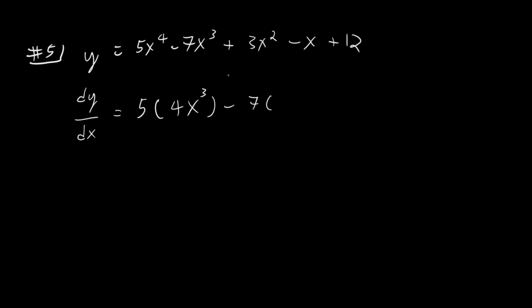The derivative of it is 3x squared, plus copy the 3, then take the derivative of x squared, which is just 2x, minus the derivative of x is just 1. Then the derivative of 12 is 0.